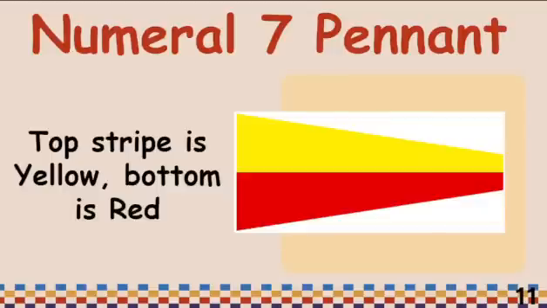Next is the numeral 7 pennant. Top stripe is yellow and bottom is red. This is number 7. Again, this is a numeral 7 pennant.